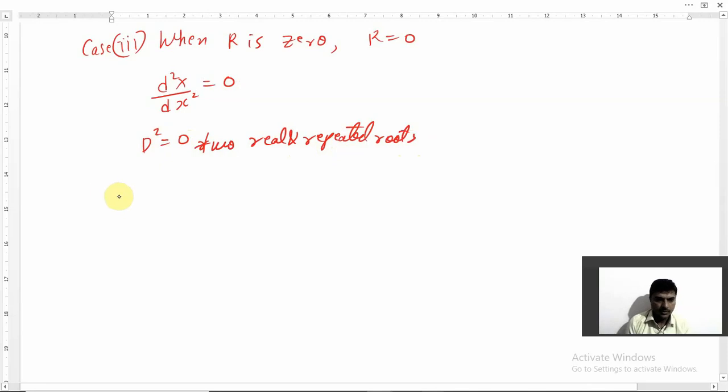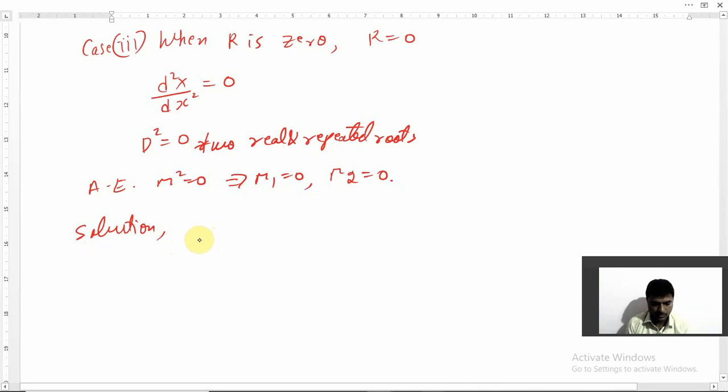So therefore the auxiliary equation I am going to get is m square is equal to 0. That implies m1 is 0 and m2 is 0. What will be the solution, students, for this equation? The solution will be the complementary function, that is x is equal to c7 x plus c8.